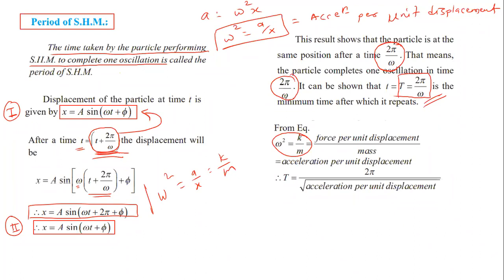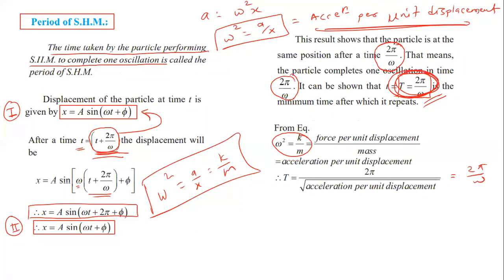So these are equivalent formulas. Now the formula of the period is 2 pi by omega. Instead of omega we can write under root acceleration per unit displacement, so we get t is equal to 2 pi upon the square root of acceleration per unit displacement.